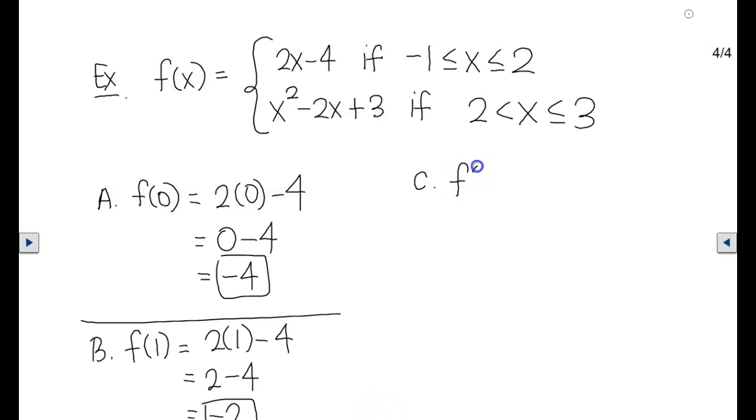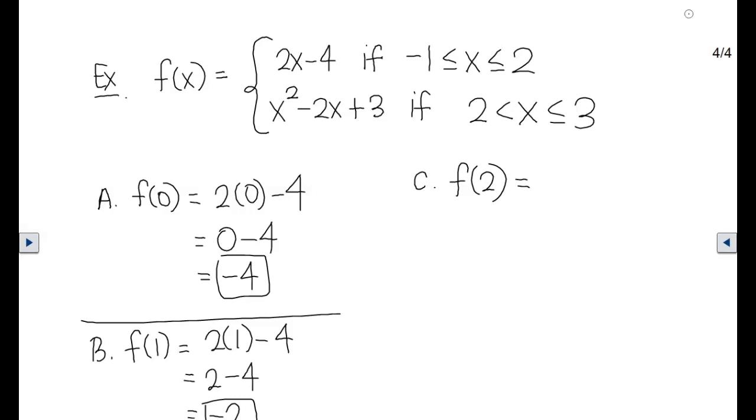All right, let's do f of 2. Now again here, I'm going to take 2 and input it for x, either in the first piece of the function or the second piece. And to figure out which piece to use, I've got to see where 2 fits into these two domains. So take a minute and look. Which domain do you think that 2 fits in with?